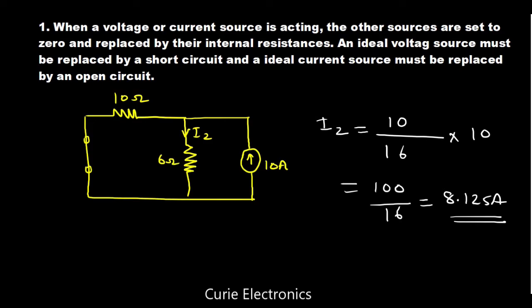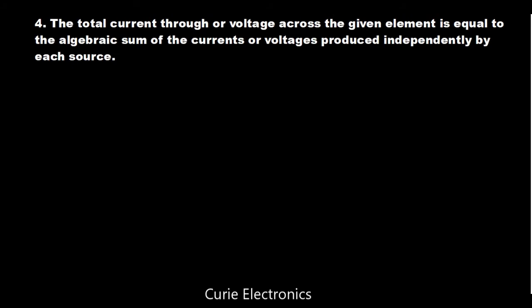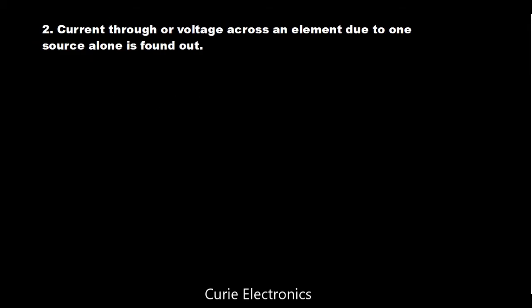Now we had two sources, considered independently, and we have found the currents I1 and I2. Now we have to take the algebraic sum. This is the fourth step. The total current is I equal to I1 plus I2, algebraic sum.